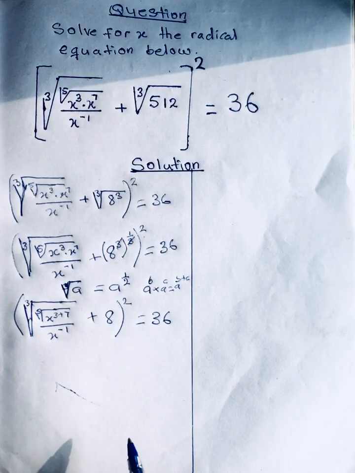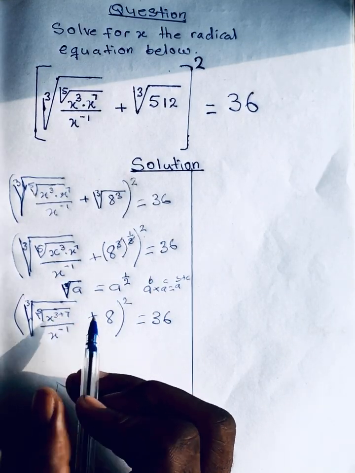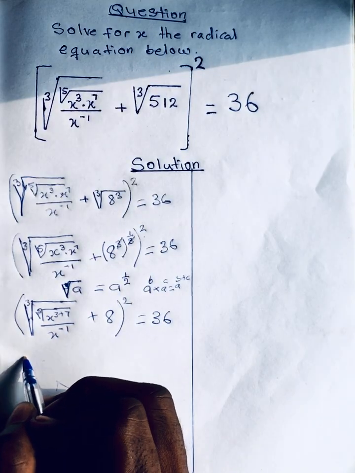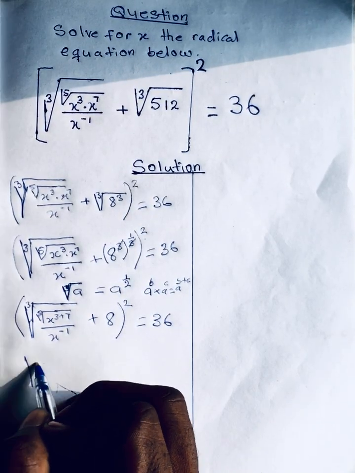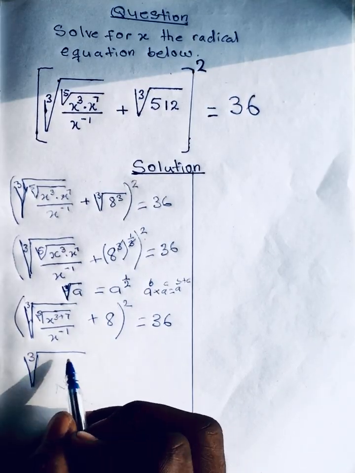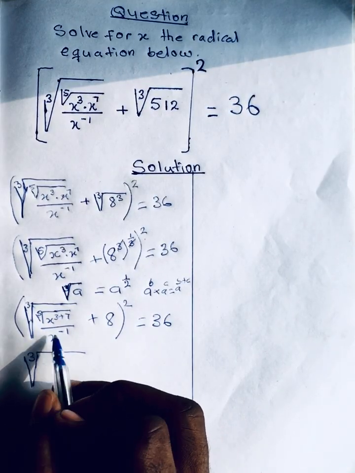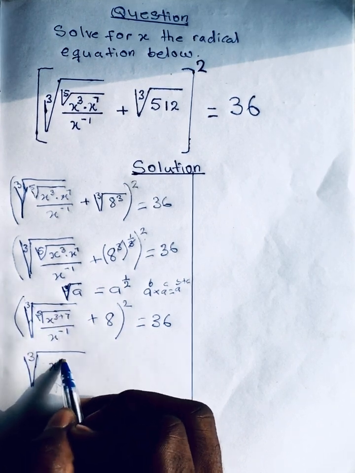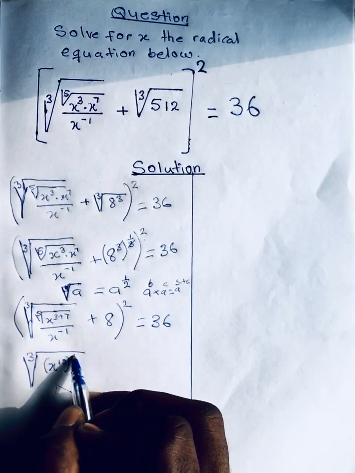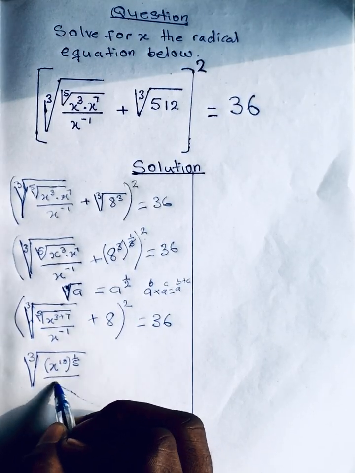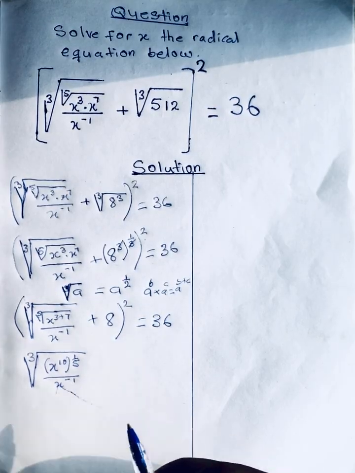In the next step, we are going to apply the indices which we used here. So it will be the cube root of x to the power of 3 plus 7, which is 10, all to the power of the fifth, all over x to the power of -1.